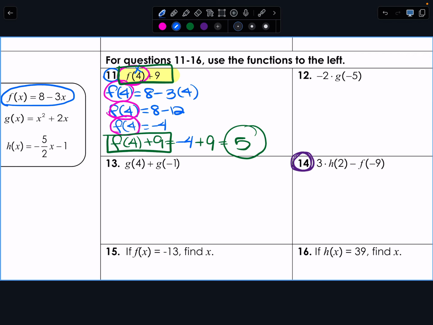So again, I would chunk this, and I'm going to use the spot where 13 is. But I'm going to chunk this, and I'm going to first find what h of 2 is. Way over here, I'm just going to use the slot where 13 is. I'm going to find h of 2. So it's negative 5 halves times 2 minus 1.